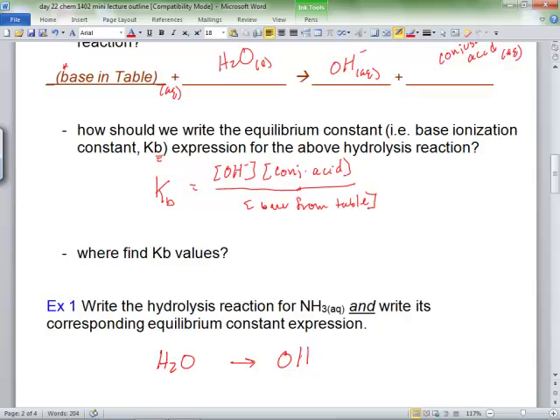And it's for NH3. So the NH3 has to go where? Yeah, its conjugate acid will be a product. But the NH3 itself, the base, is going to go on the left.